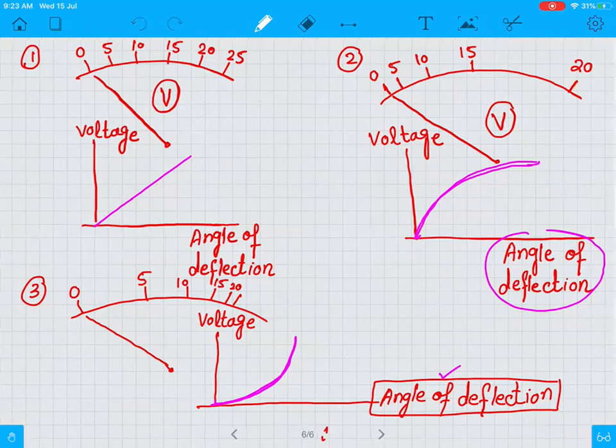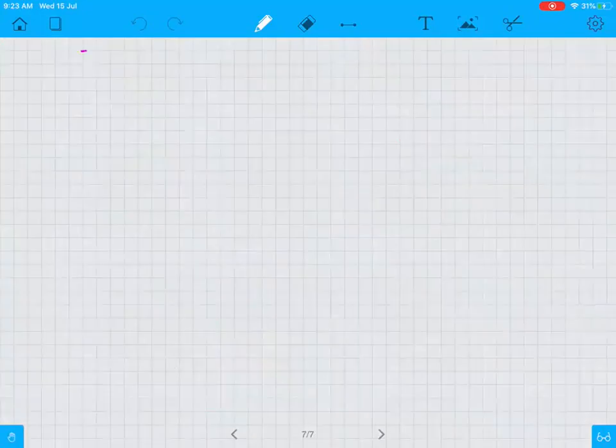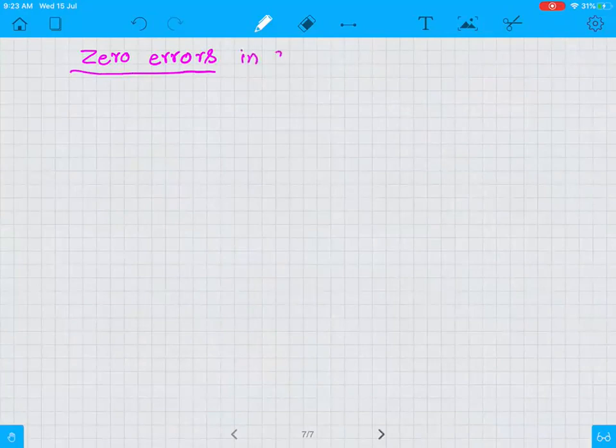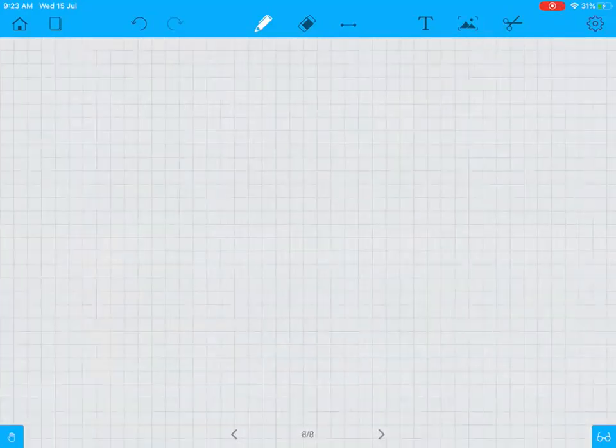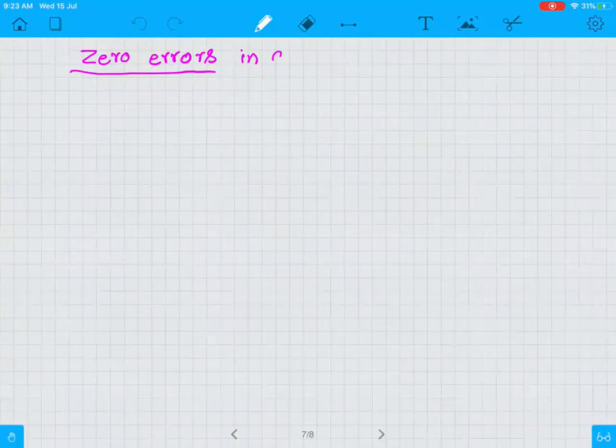Now the next topic that we have to cover is zero errors. How to represent zero errors in calibration curves.